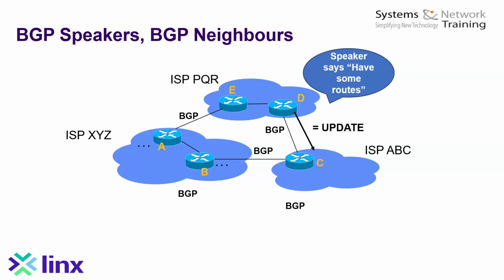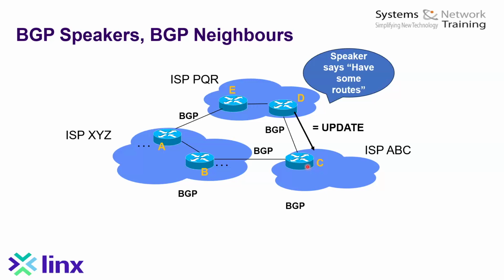In that case, if D is sending some routes to C, the organization, ABC, that has router C will learn about those routes and get access to whatever services are behind those routes, whether it's a website, an email service, a storage service, whatever.